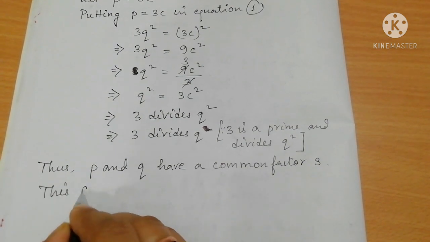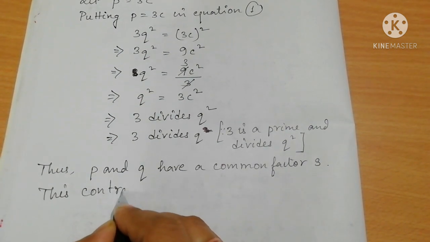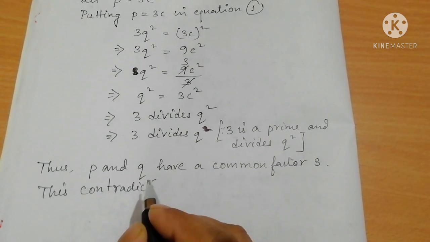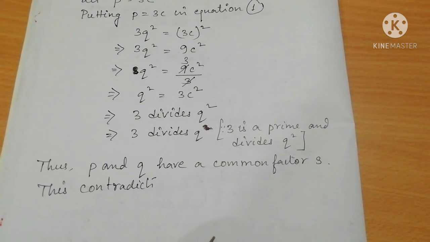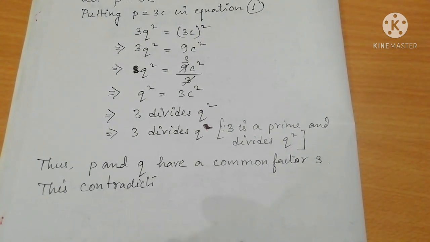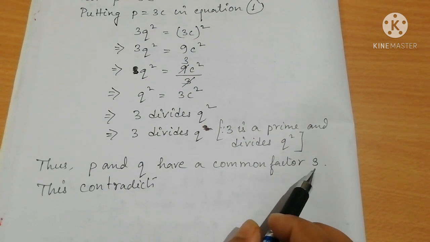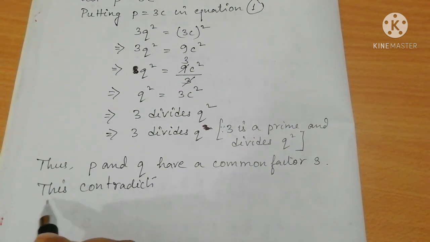So this contradicts. Why? Because in a rational number, P and Q should be co-prime. And what is co-prime? Co means two. Two numbers should have a common factor as 1. But in this case, we got common factor as 3.